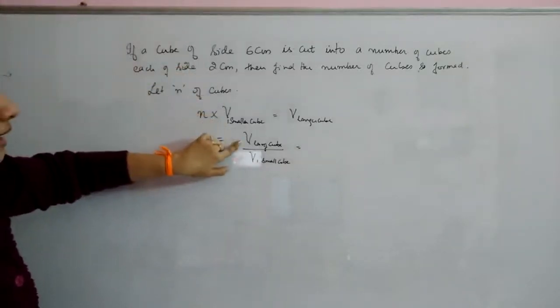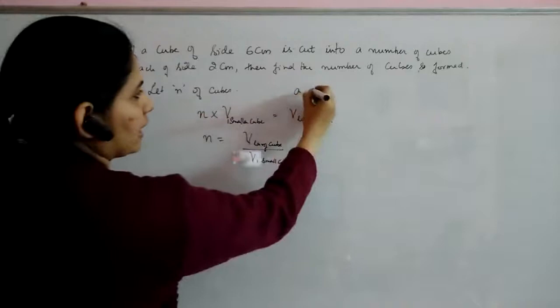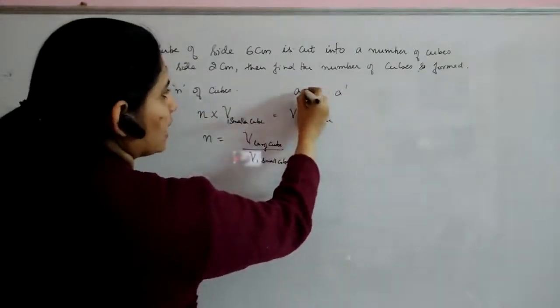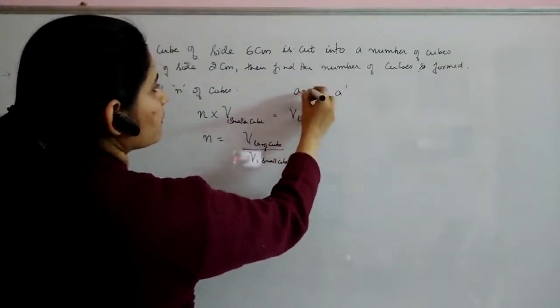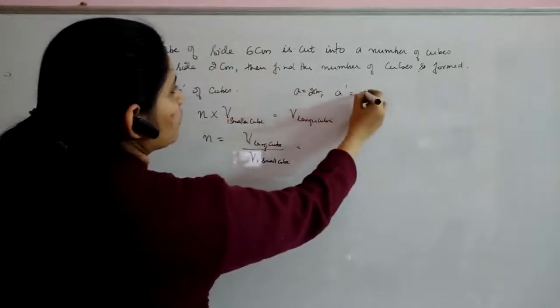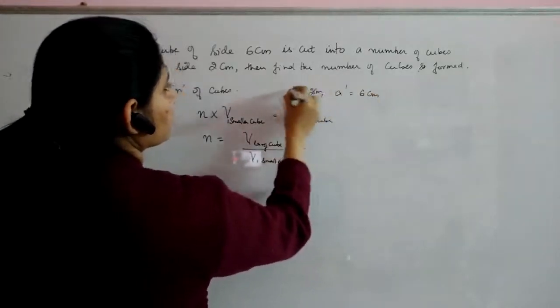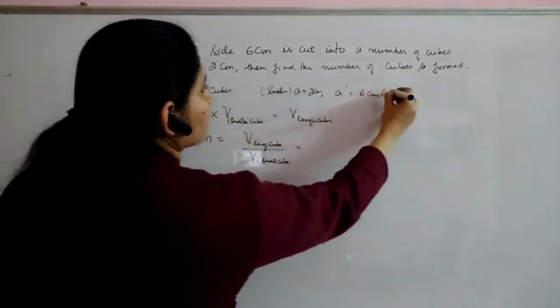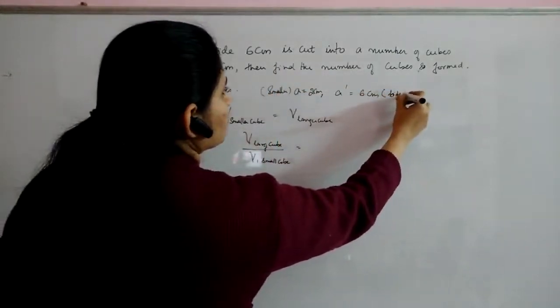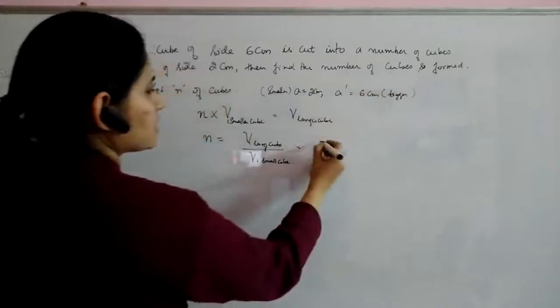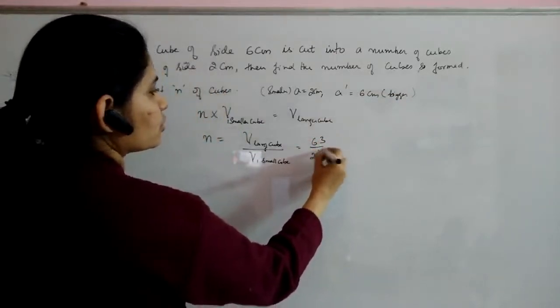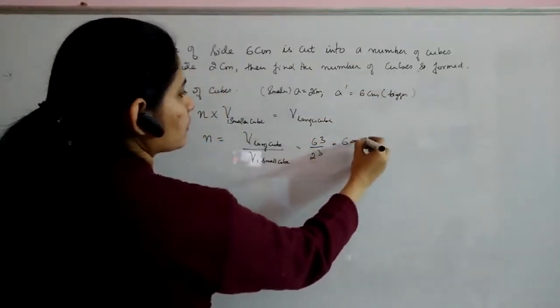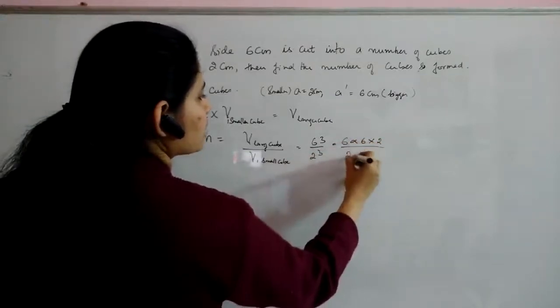For the smaller you can take a, and for the other one a dash, like that. a is given to be 2 cm. For the bigger, if you are taking 6 cm, what you will get here is 6 cube by 2 cube, right? How many cubes can be formed?